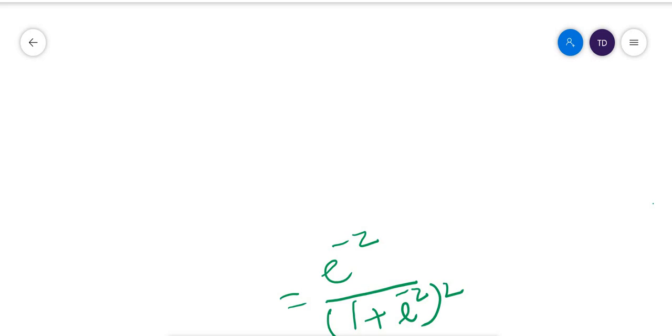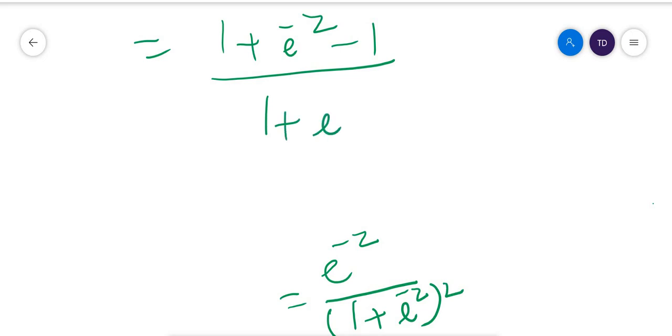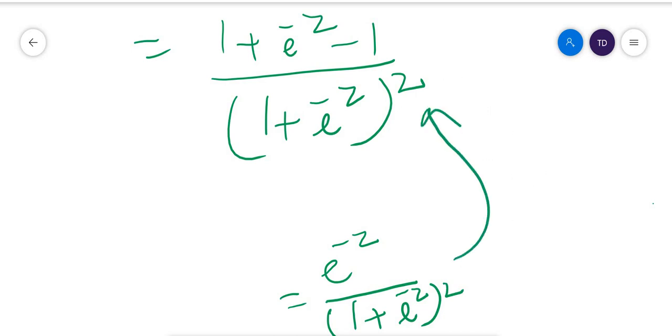I can write the same thing as (1 plus e raised to minus z minus 1) divided by (1 plus e raised to minus z) the whole square. This is what I have done.